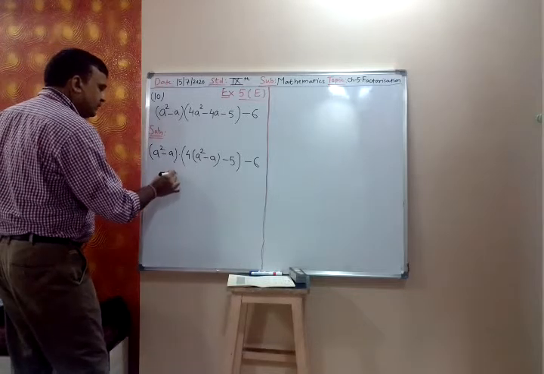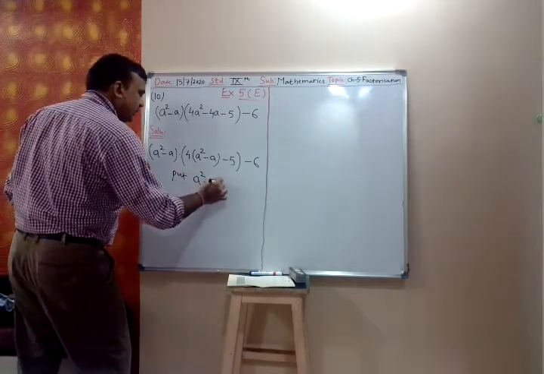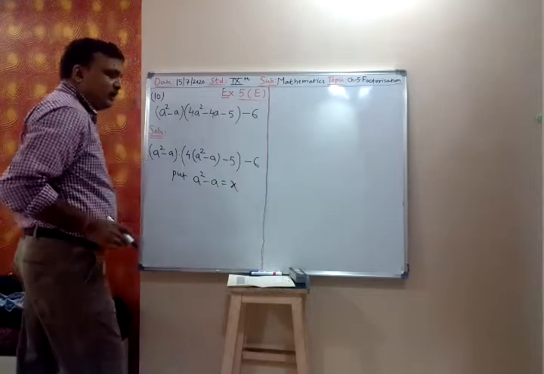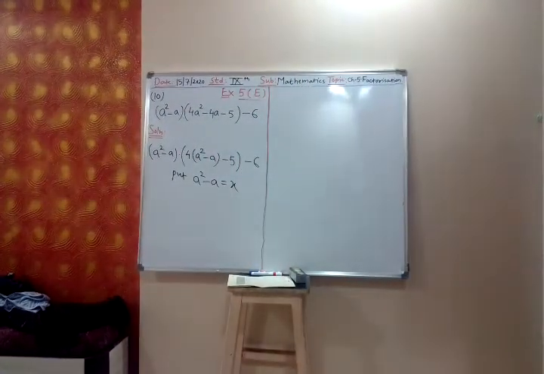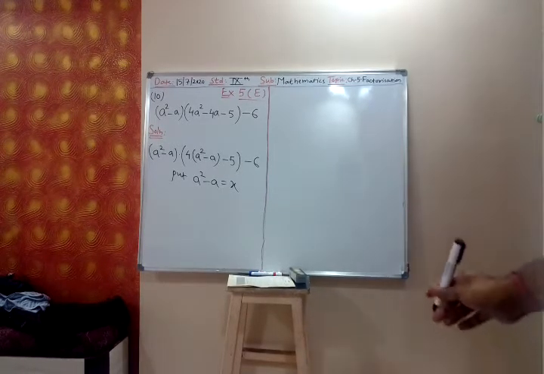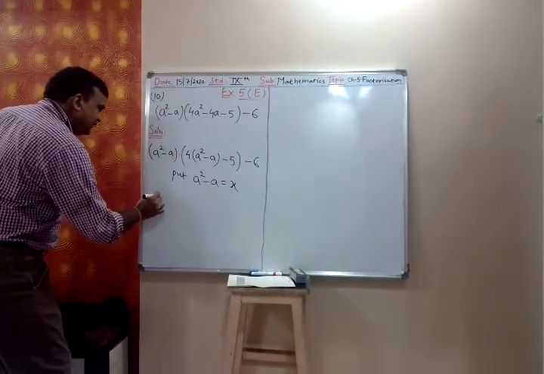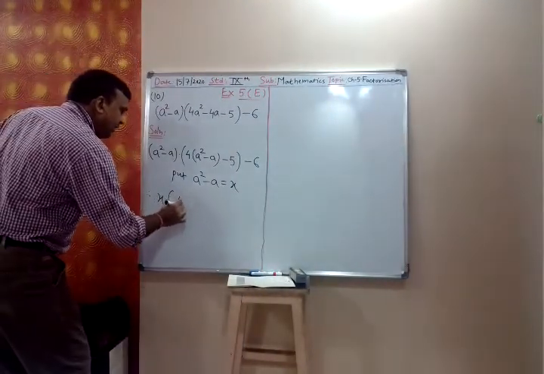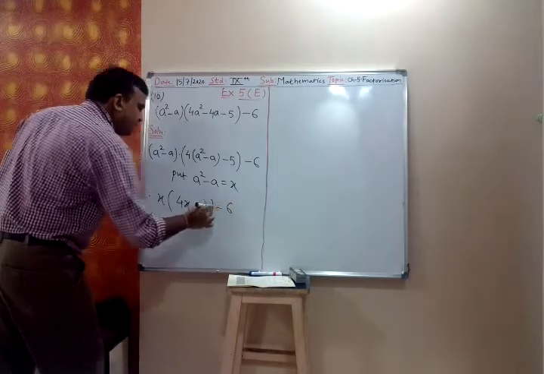Now I will put a square minus a is equal to x, and simplify this. So you will get x into 4x minus 5 minus 6.